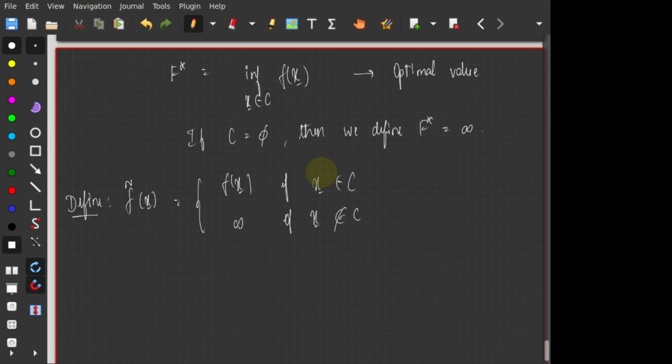Because obviously if f of x is finite at some point, then those points which satisfy the constraints will definitely be points of minimum. Otherwise infinity is going to be the minimum. But the interesting property of this extended value function, or the extension, is that if f is convex, then f tilde is also convex.